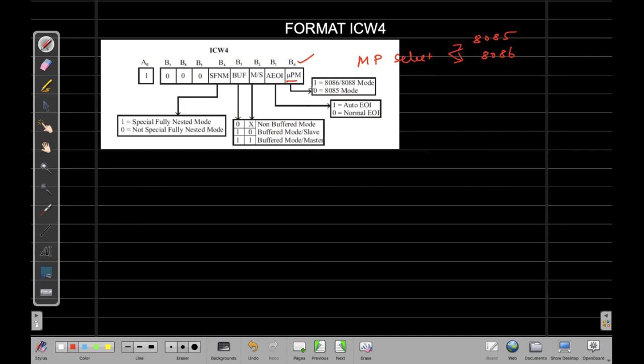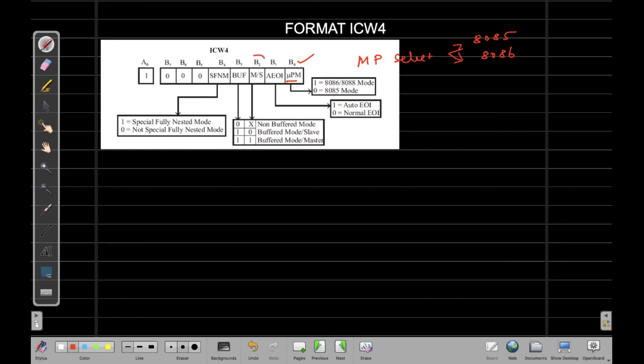If I select 1, it means 8086 can be interfaced. If I select 0, it means I can interface 8085 with this system. Next is the automatic EOI mode. So AEOI mode can be selected by choosing this bit. If it is 1, then AEOI is enabled. If it is 0, then normal EOI is enabled.